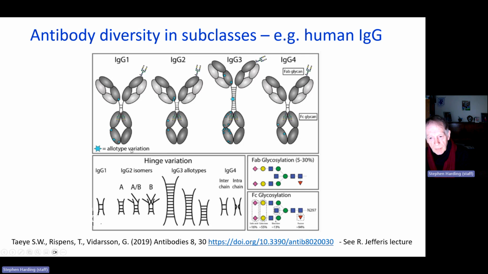The subclasses can also be glycosylated on the Fab regions, Fab domains, shown here. Not always. The glycosylation of Fab will vary between 5 to 30%.